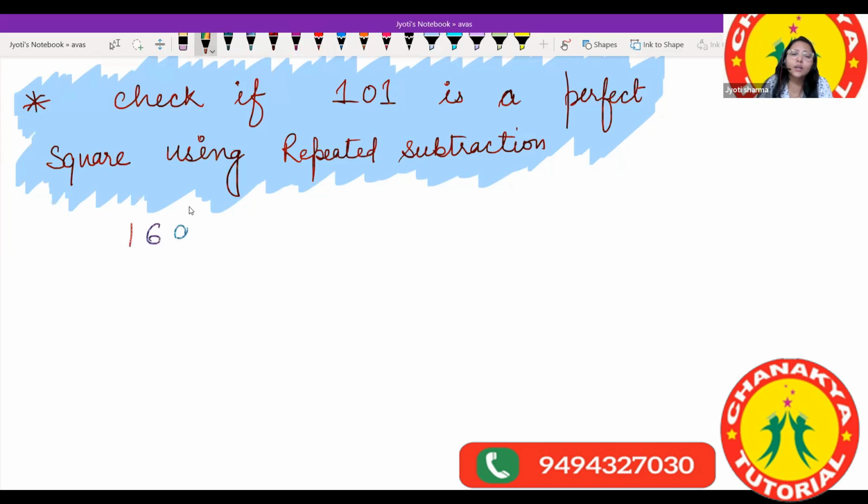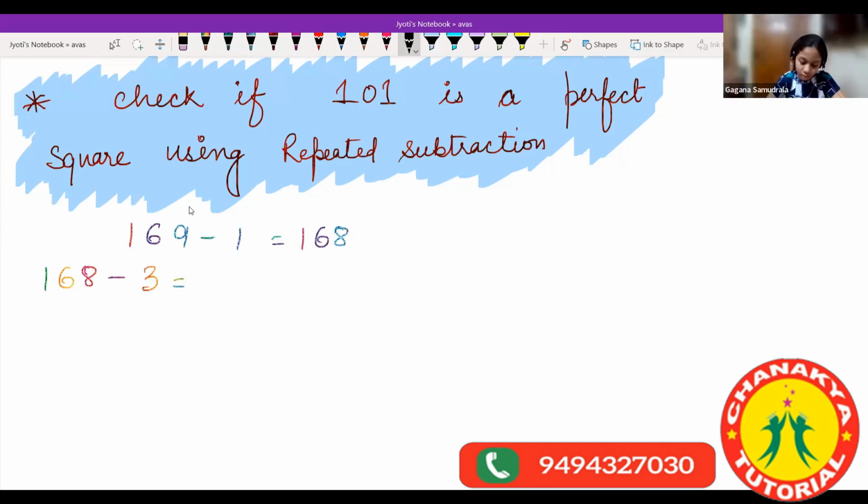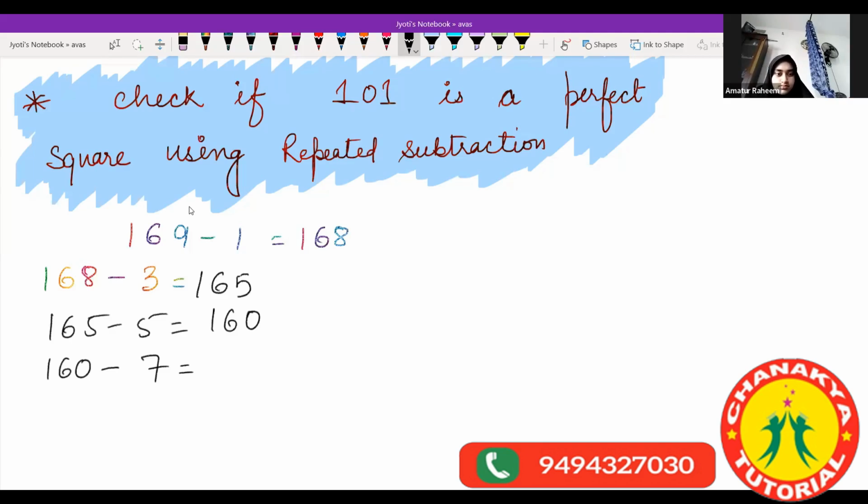You got 168. Everyone, let's do this question. 168 minus 3. Keep telling your answers, kids. 165. Okay, 165 minus 5. 160. 160 minus 7. 153. 153 minus 9.